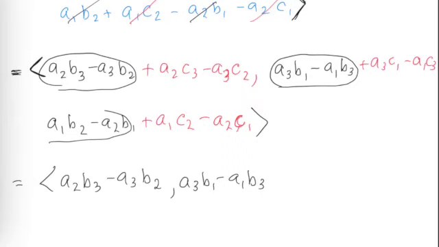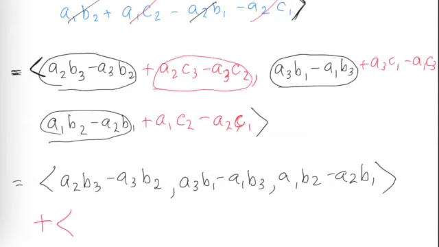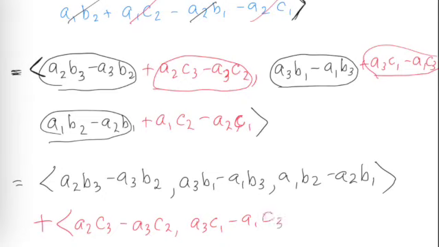The K component of the first vector is going to be A1B2 minus A2B1, and that's the first vector that we have, to which we're going to add another vector, which is A2C3 minus A3C2, A3C1 minus A1C3, and then our K component is A1C2 minus A2C1, and that's the second vector.